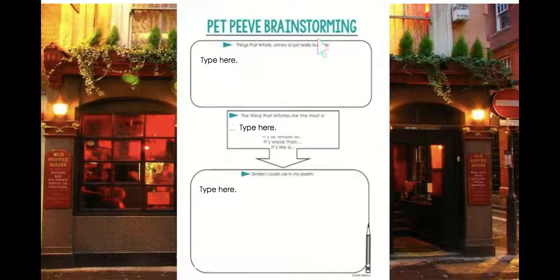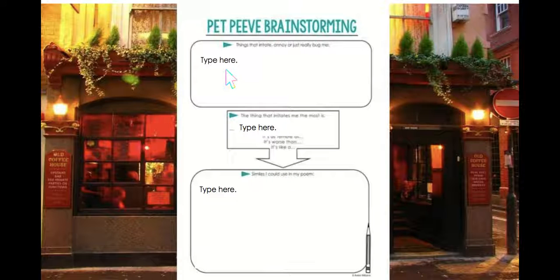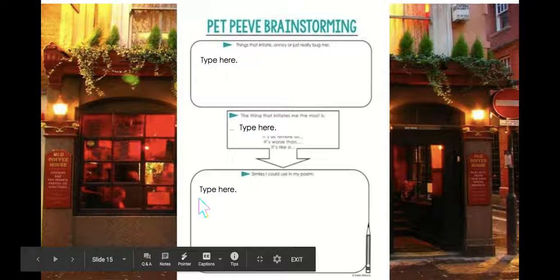In the middle, after you've made a list, you'll pick the thing that irritates you the most. And then in the last, you'll think of similes that you could use in your poem. So in the example, they compared it to the sound of nails scratching on a chalkboard. So you'll make an idea of things that you could compare your pet peeve to.